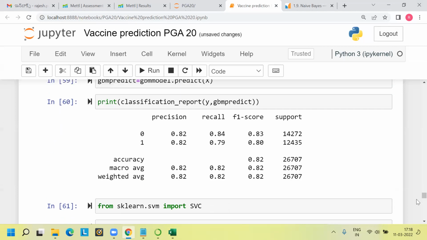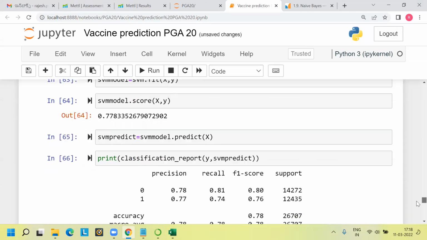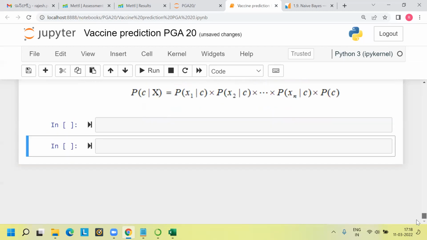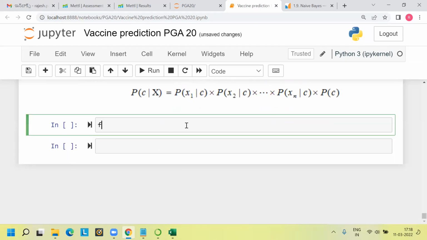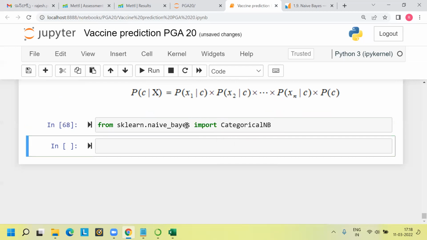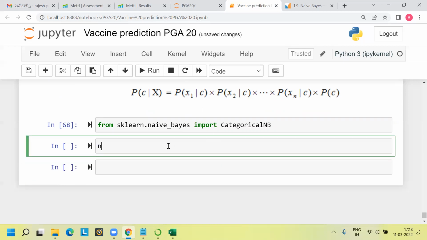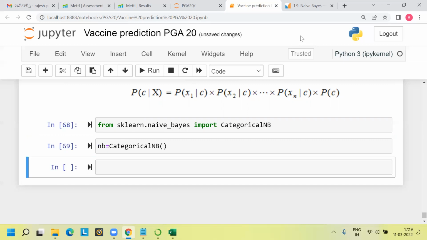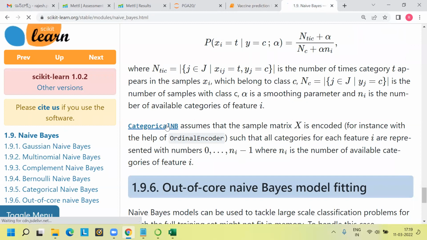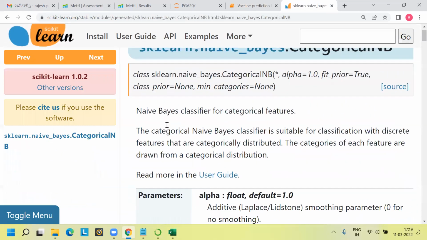Yeah, for me it has run. From sklearn.naive_bayes import CategoricalNB. NB is equal to CategoricalNB. Now, do we need to give any additional arguments? Let me check once. CategoricalNB. I think there is nothing. Prior is equal to true. Alpha is 1.0.